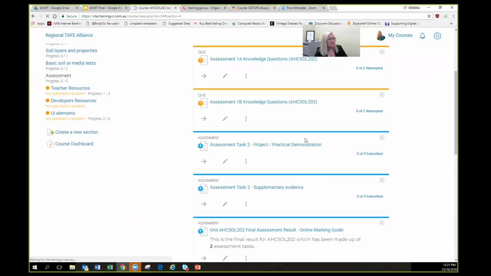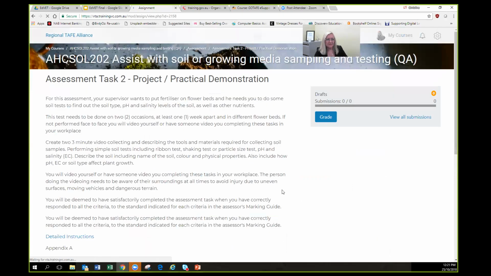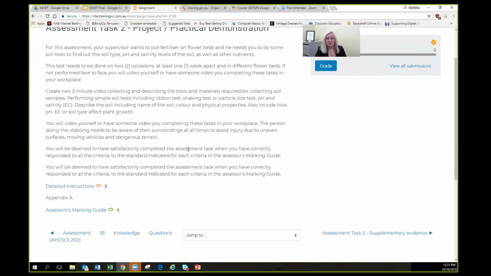Now the practical demonstration was interesting because trainees can be located in lots of different areas, and sometimes it can be quite difficult to go to a workplace. I think as a trainee you've got 4 visits. So this one can be done via video. They can either do it face-to-face when the assessor comes out, or by video.